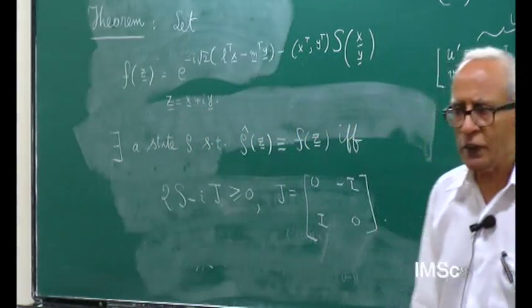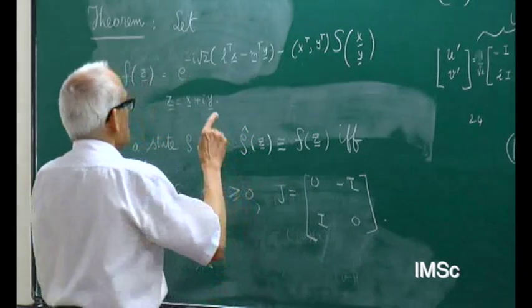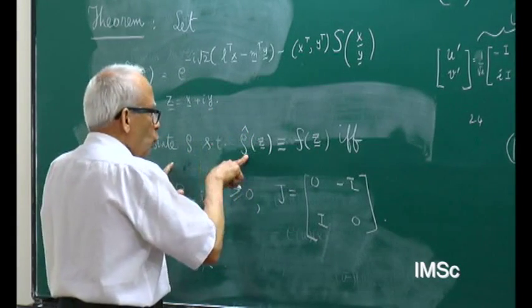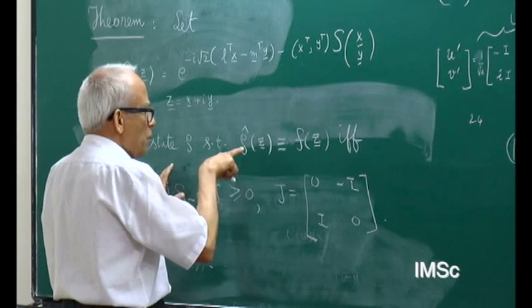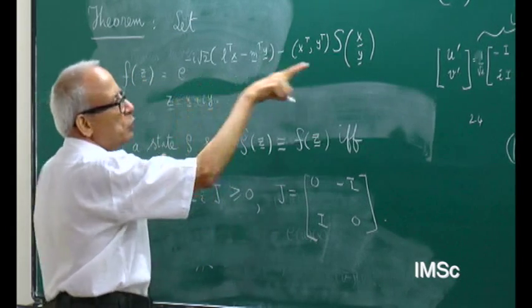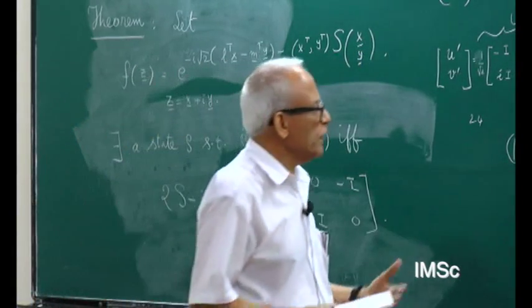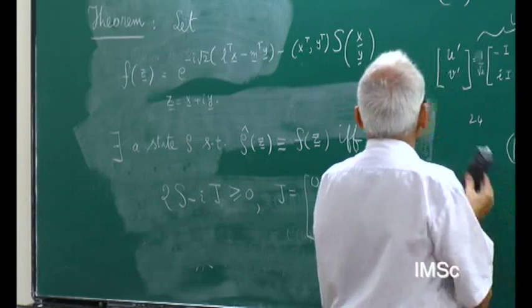That is necessary and sufficient for a state rho to exist whose quantum Fourier transform is equal to this expression, the exponential of some linear form plus a quadratic form.